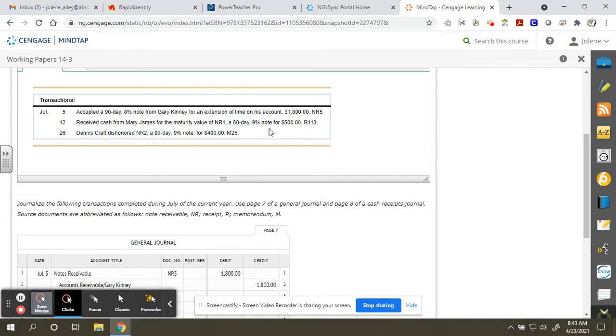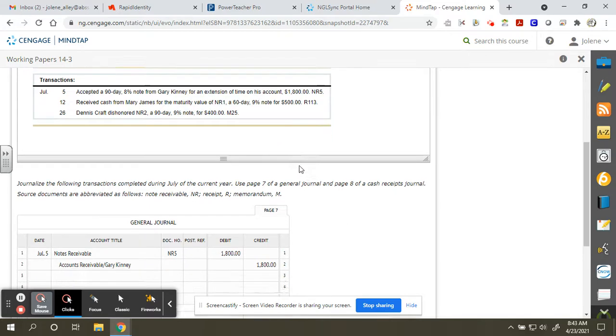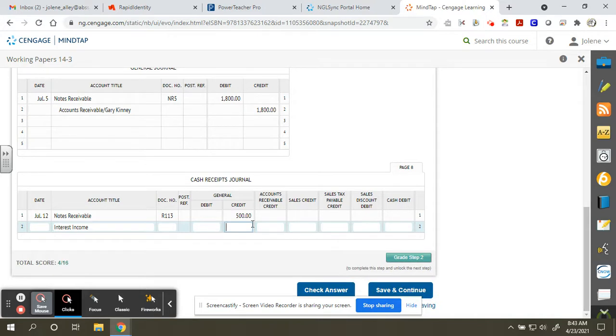It's going to be 60 divided by 360 equals, times 500, times 0.09 equals. And it comes out to $7.50.